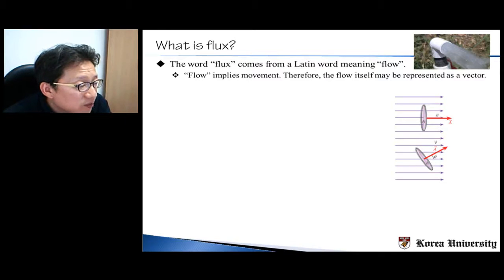So therefore here let me explain to you what flux is. Probably many of you are not familiar with the word flux. The word flux basically means something flowing or amount of flow. Okay, just like the water coming out from this pipe. And actually the flow itself may be a vector.